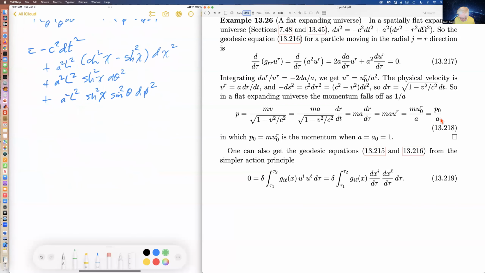Remember that the wavelength of a particle is Planck's constant divided by the momentum. And that may need to be an h bar. I don't remember whether it's h or h bar. In natural units, it's just 1 over p.